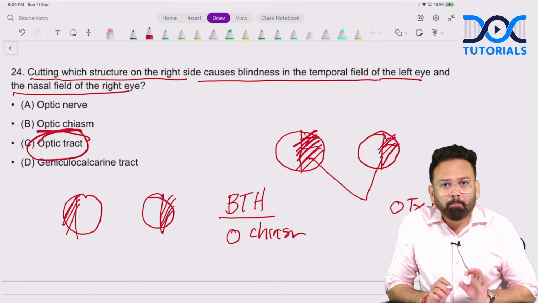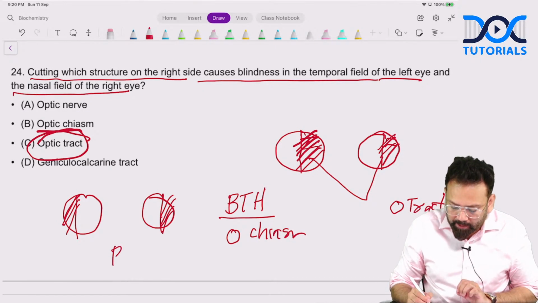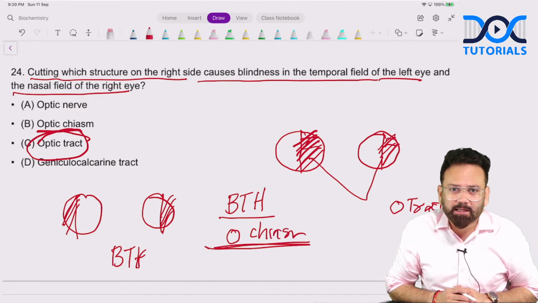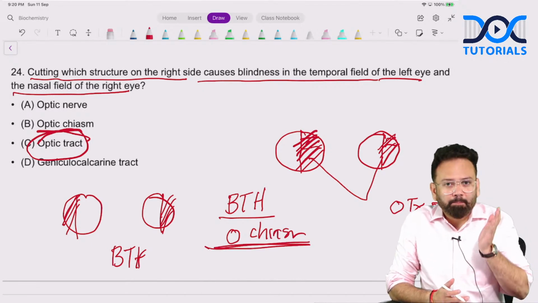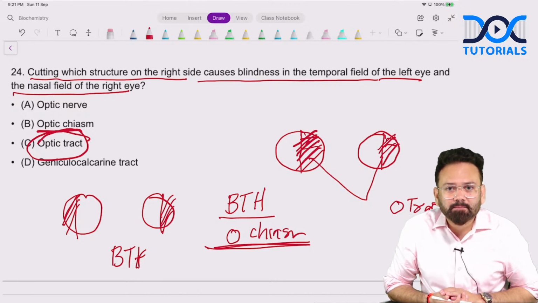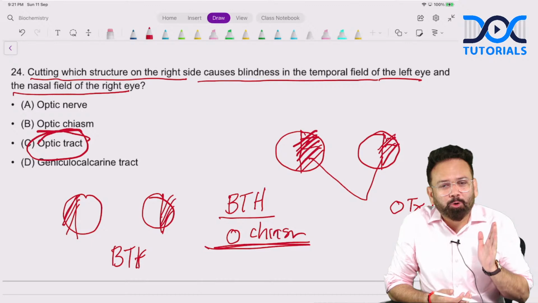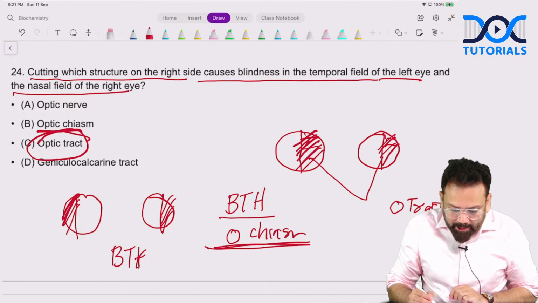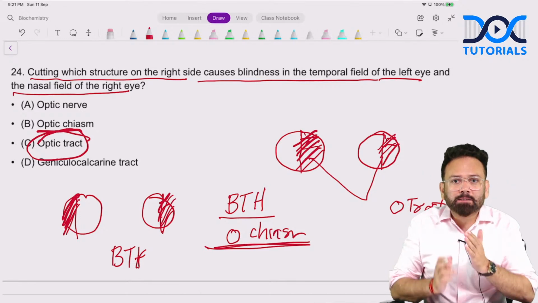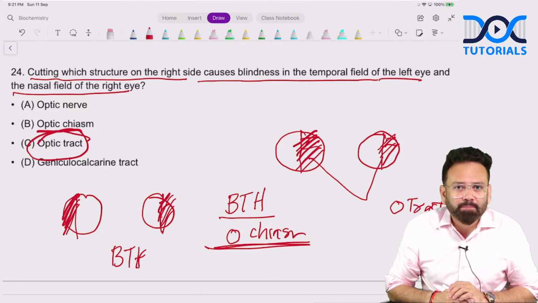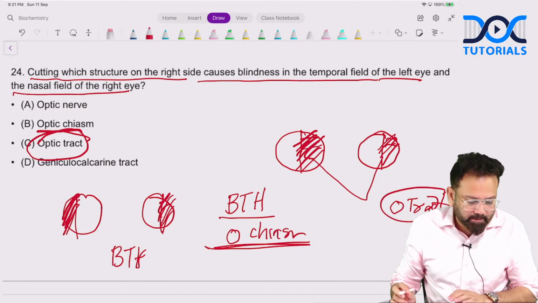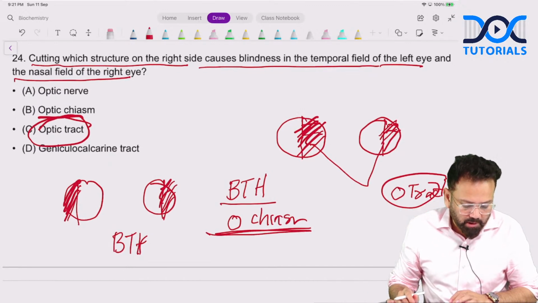Please remember, bitemporal hemianopia, answer is optic chiasma. BTH chasma, I used to remember it like that; BTH is a brand of specs. If it is involved like this, optic tract. Good, most of you are correct.